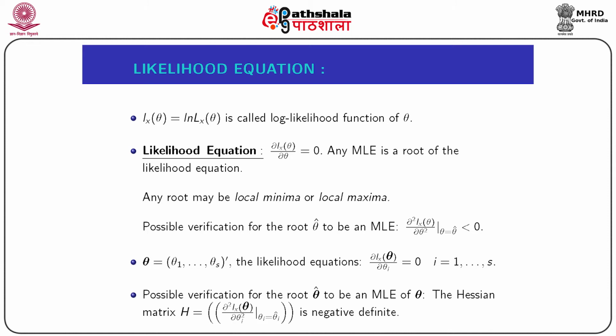Let L_x(theta) be the likelihood function of theta for fixed data x. Then small l_x(theta), which is equal to log of capital L_x(theta), is called the log likelihood function of theta. Suppose the first order derivative of capital L(theta) or small l(theta) exists.